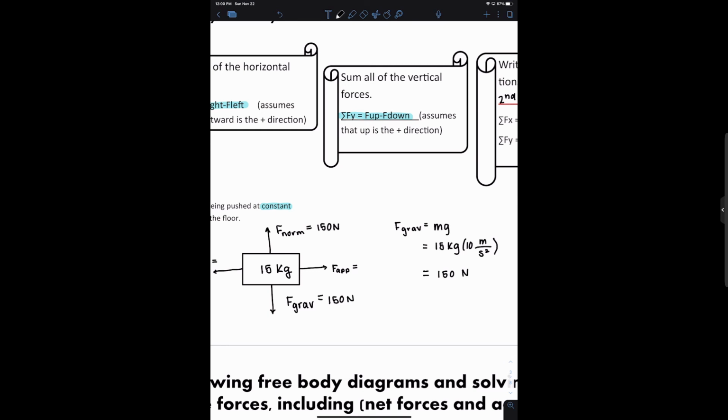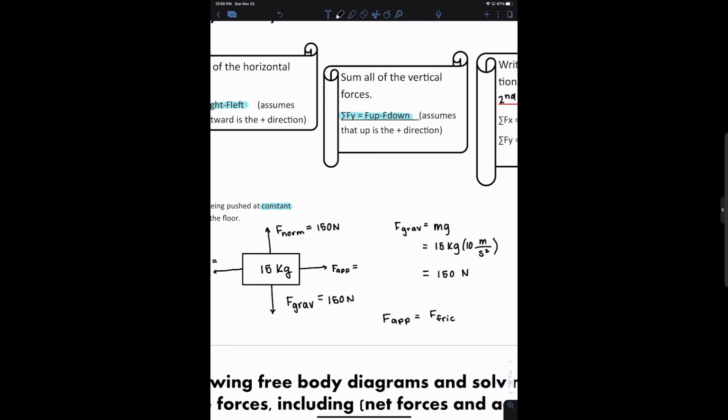Now here is where we get a little stuck. We know that the applied force has to equal the friction force, but we don't know what it is. It doesn't give us any information. However, we can write that the applied force equals the friction force. If in a later problem step it gave us that information, we would be able to write that in.